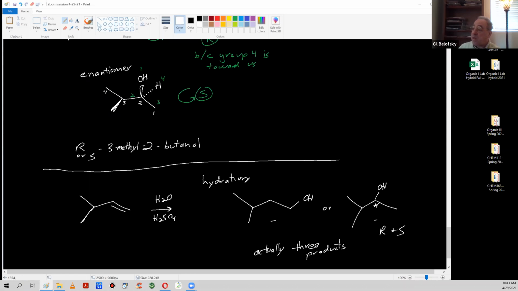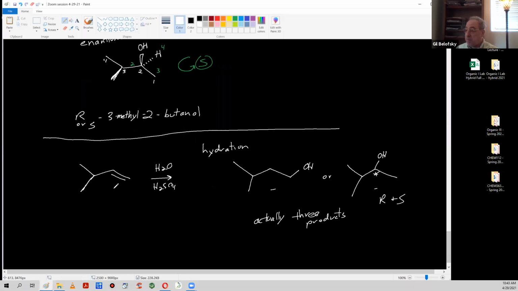So you're really actually going to get 3 products. And for synthetic chemists whose career it is to make things, getting 3, 4, 5, 6 products is a horror show. So a lot of organic chemistry time and effort is spent to alter the conditions to get only one of the 3 products, to be specific if possible.